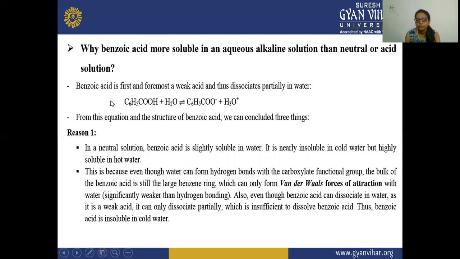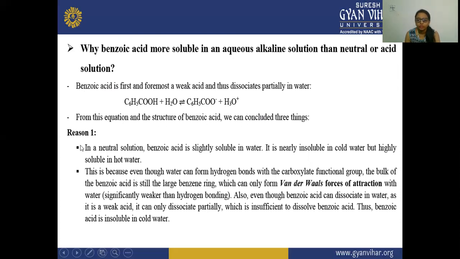This is your benzoic acid, C6H5COOH plus H2O, and when benzoic acid reacts with water, it dissociates into the C6H5COO- ion and the H3O+ hydronium ion. So from this equation and the structure of benzoic acid, we can conclude three things.